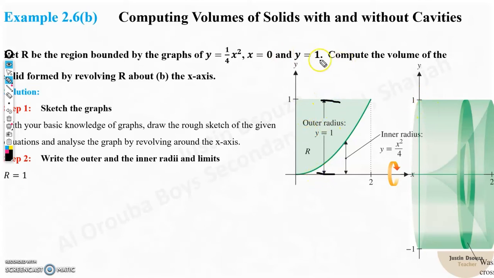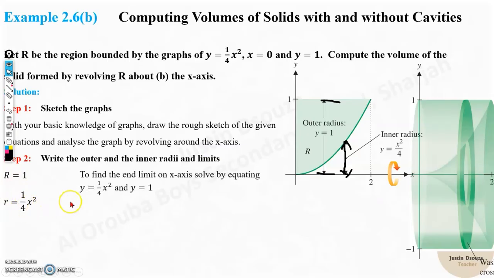It's given, right? We did the same thing. Then find the inner radius. The inner radius is basically this equation from here. Now we have the outer radius and the inner radius, and now we can find the limits.